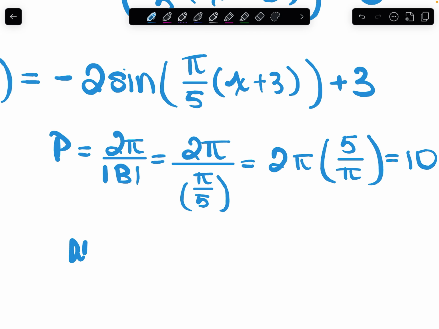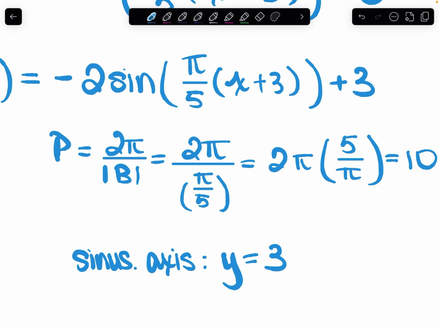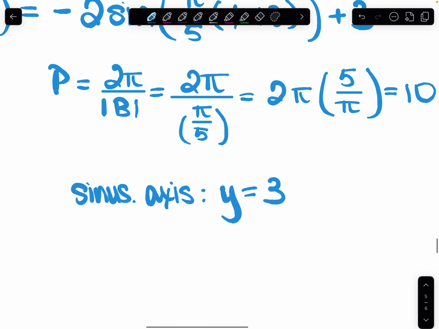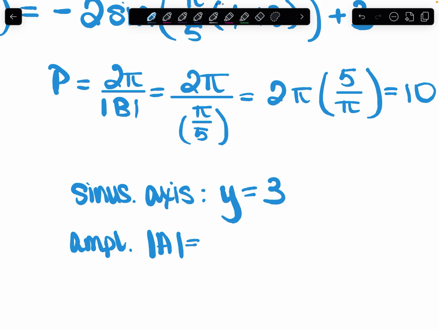Axis. Call it the sinusoidal axis. We went up 3, and our wave height, amplitude, is 2.